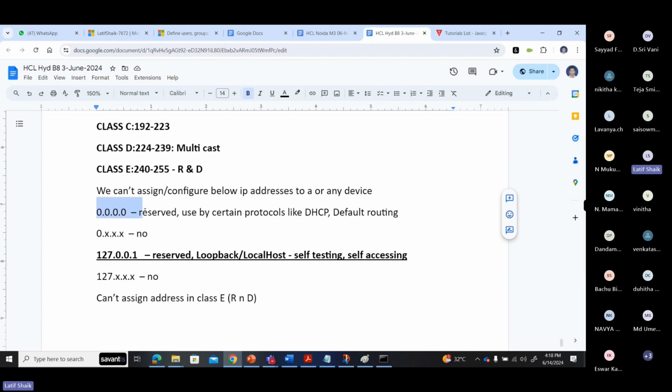These are reserved addresses for different purposes. 127.0.0.1 is a reserved IP address used as the loopback or localhost address, for self-testing and accessing services on the host itself.